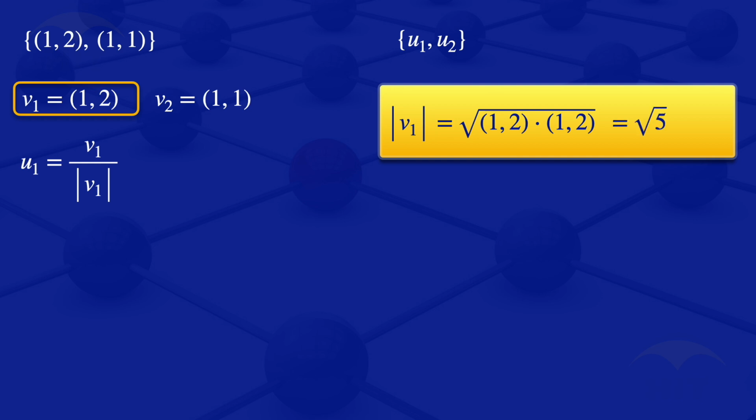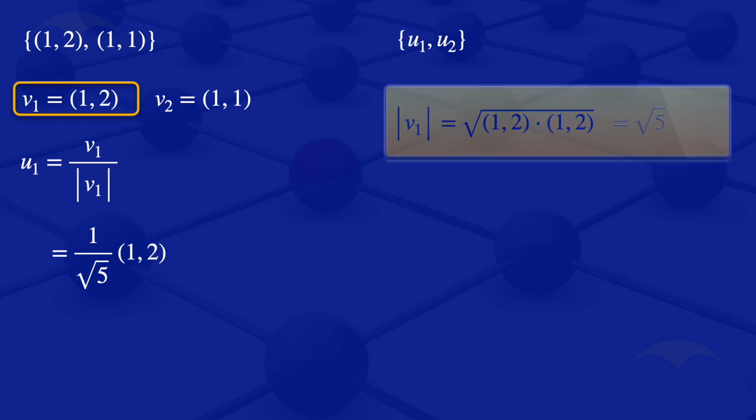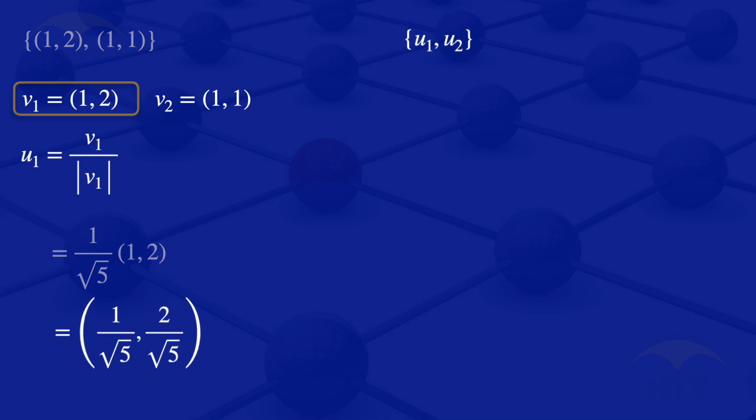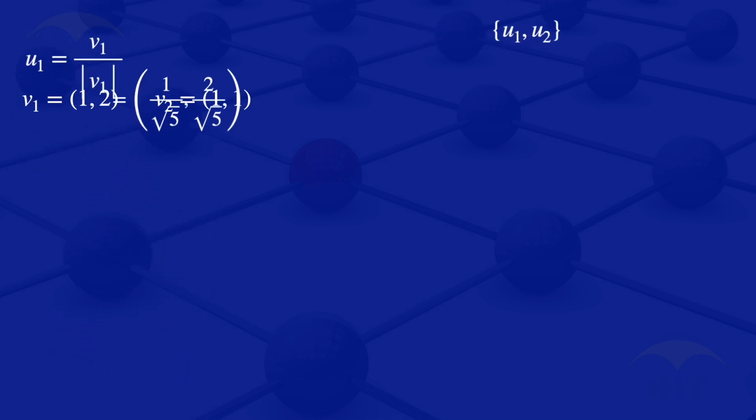Dividing V1 by the square root of 5, we have 1 divided by square root of 5 times the vector (1, 2). Dividing the elements, we get 1 divided by square root of 5, 2 divided by square root of 5. So that's our vector U1.